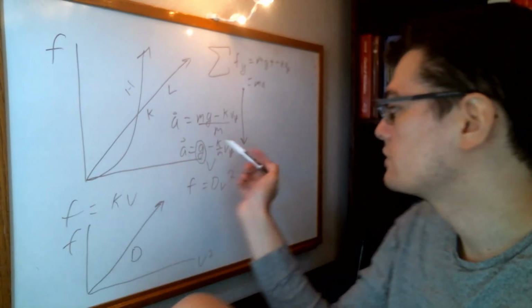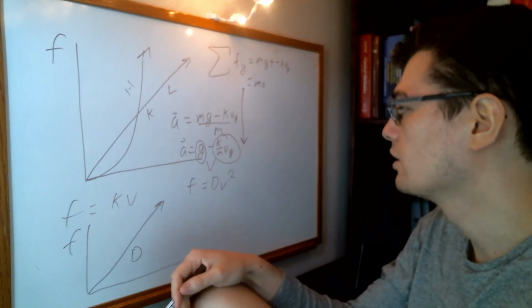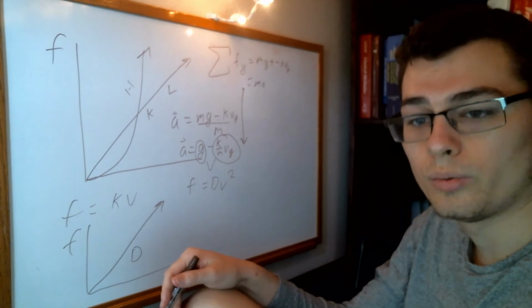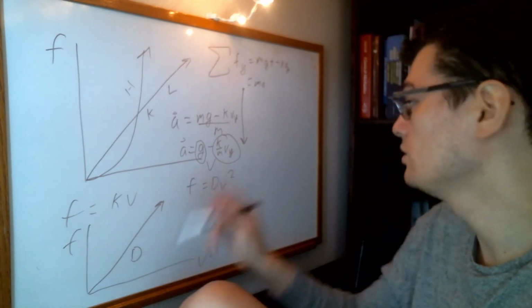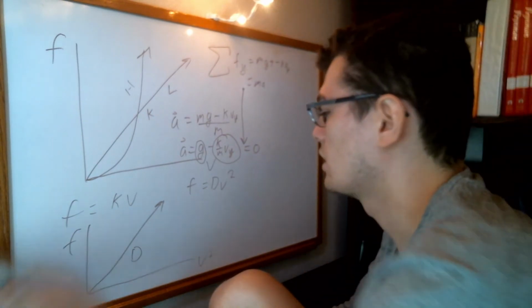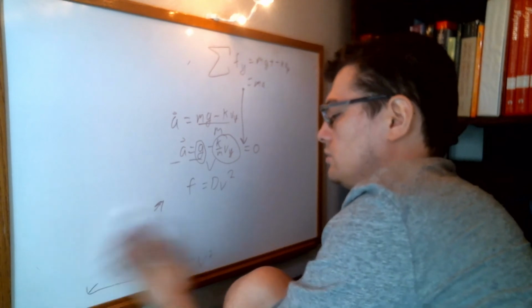And so as v increases, this term gets bigger and bigger. If we solve for the point where the acceleration is equal to 0, so we set this whole thing equal to 0, we can get a clean derivation.